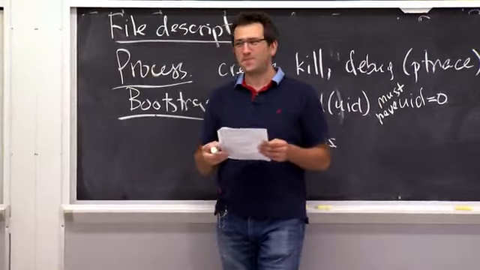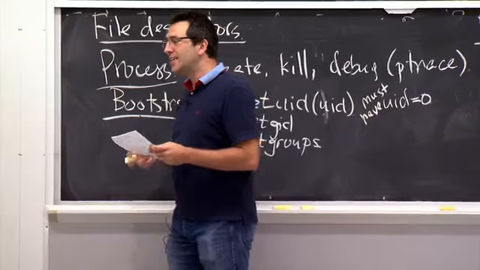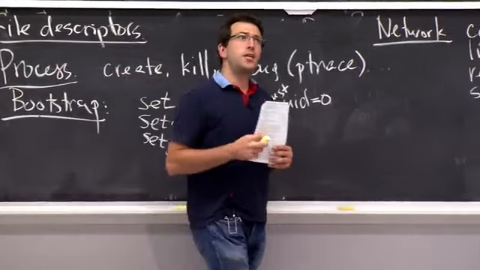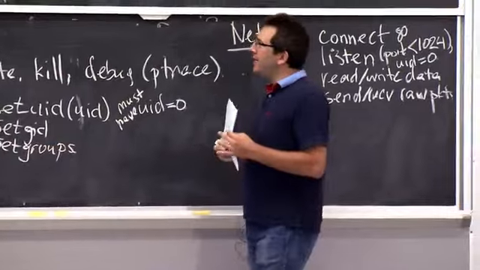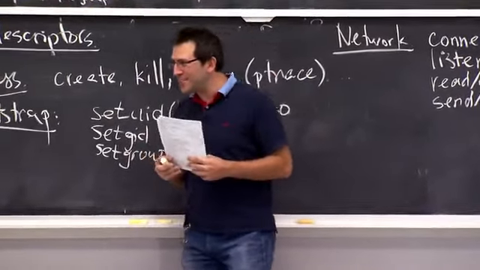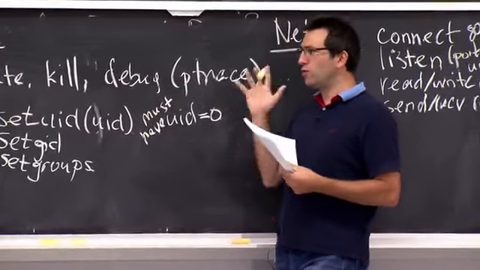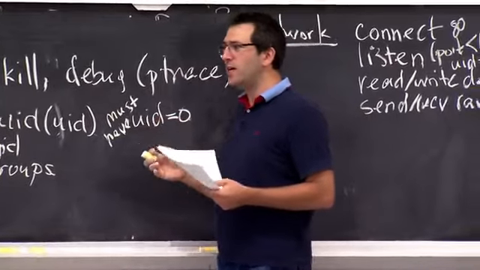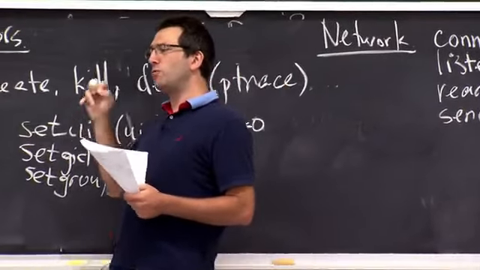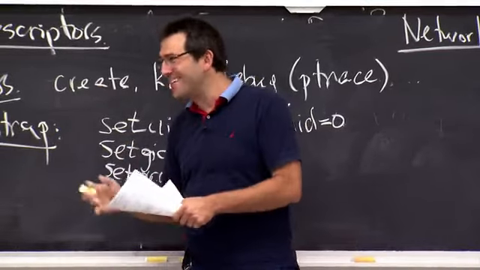Yeah? If you can change the owner of a file? Yeah, so different Unix implementations have slightly different checks for this. The general rule of thumb is only root can change the owner of a file, because you don't want to create files owned by someone else, and you don't want to take over other people's files, of course, either.